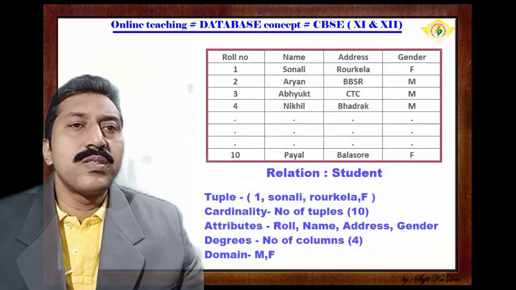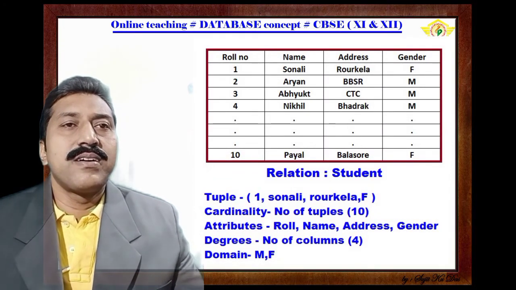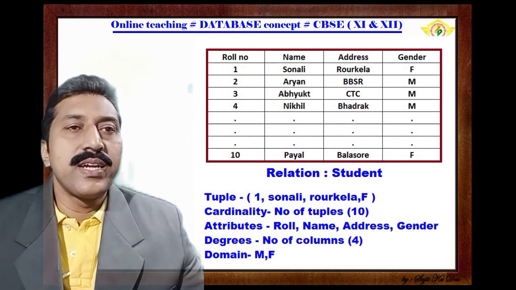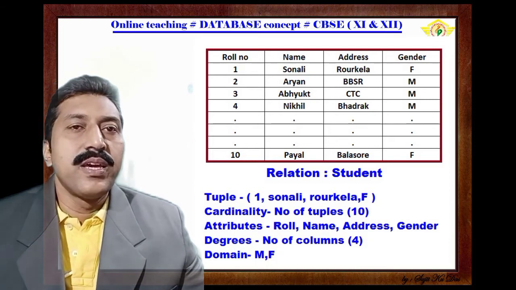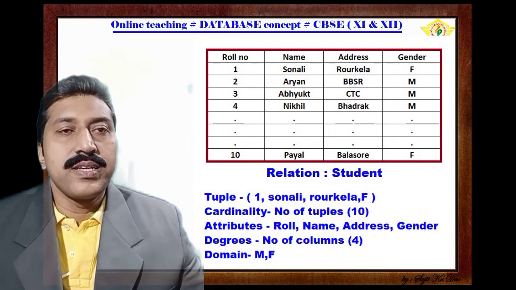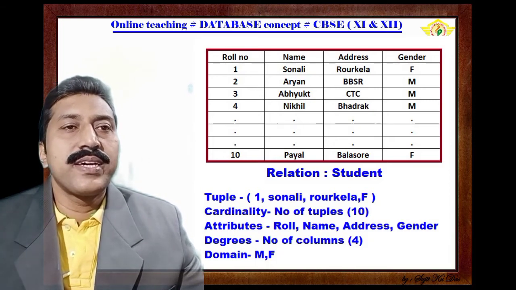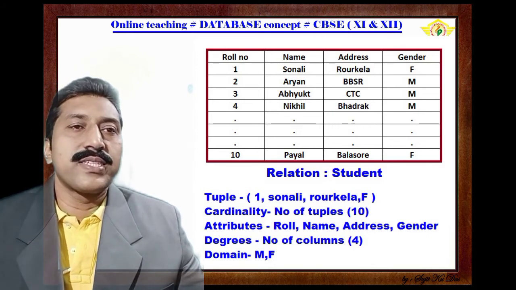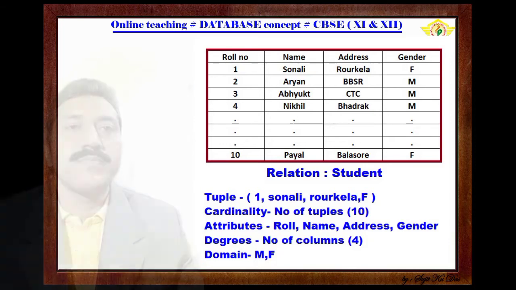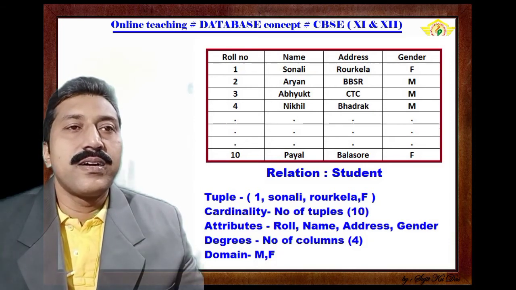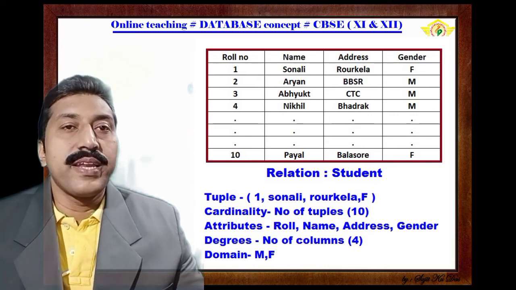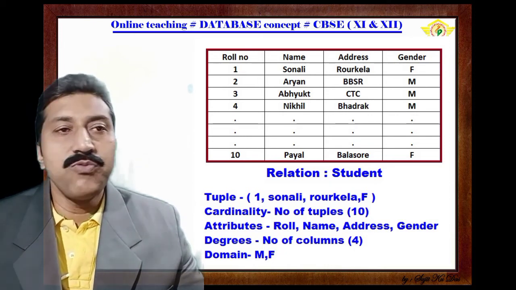Here some examples are given: how many tuples there are, how many attributes there are, and what the domains are. In this table there are 10 tuples, so cardinality is equal to 10, and 4 attributes, so degree is equal to 4.